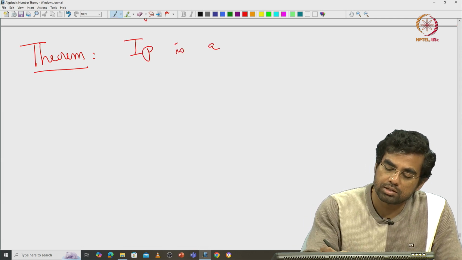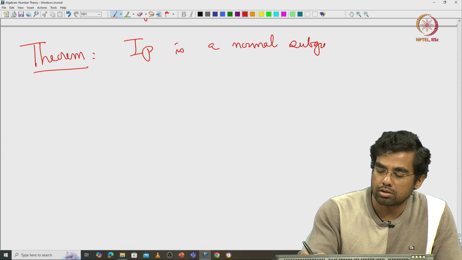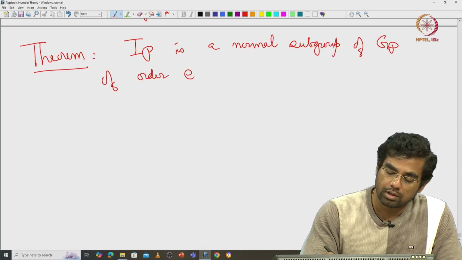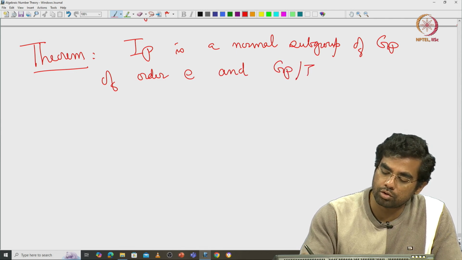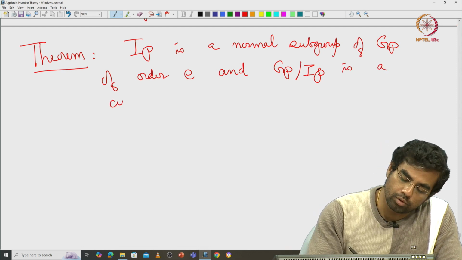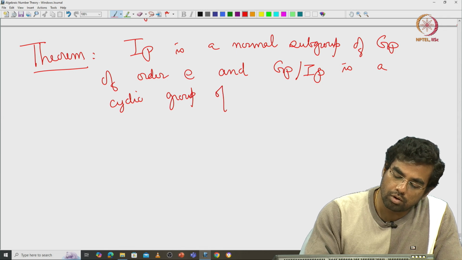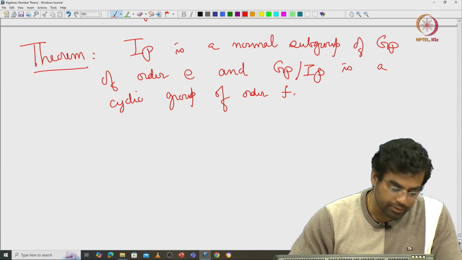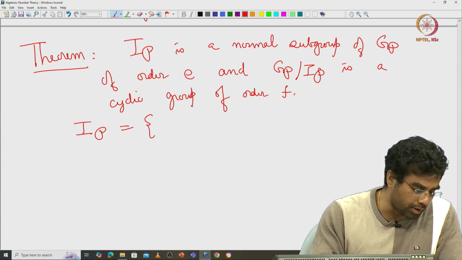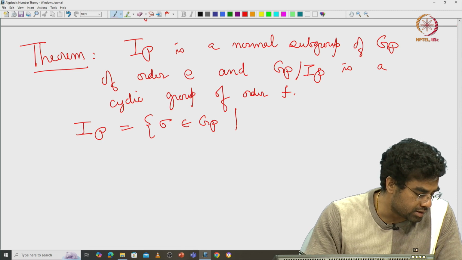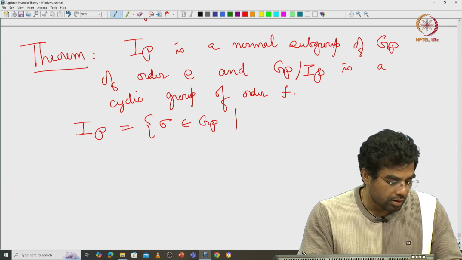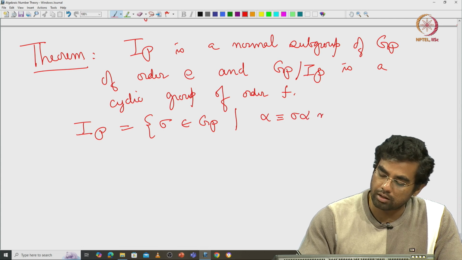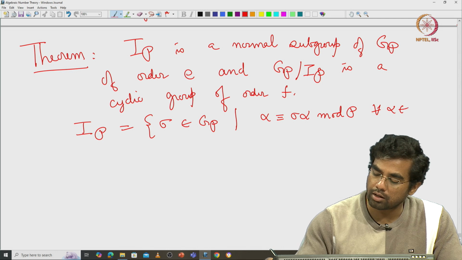I sub P is a normal subgroup of G sub P of order E, and if you look at the quotient group, it is a cyclic group of order F. Furthermore, there is a different characterization of I sub P. So, these are all elements sigma in G sub P such that alpha is congruent to sigma alpha mod P for all alpha in O_K.